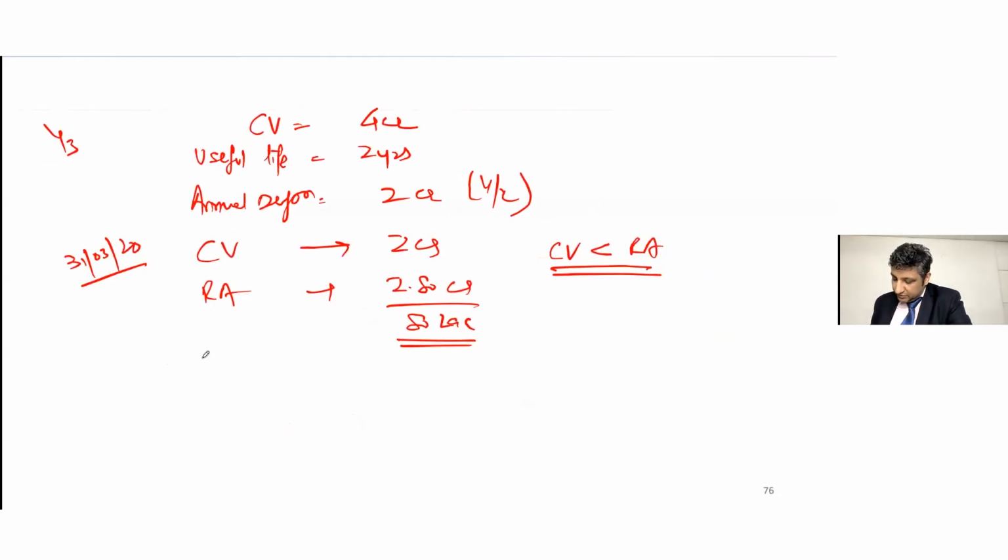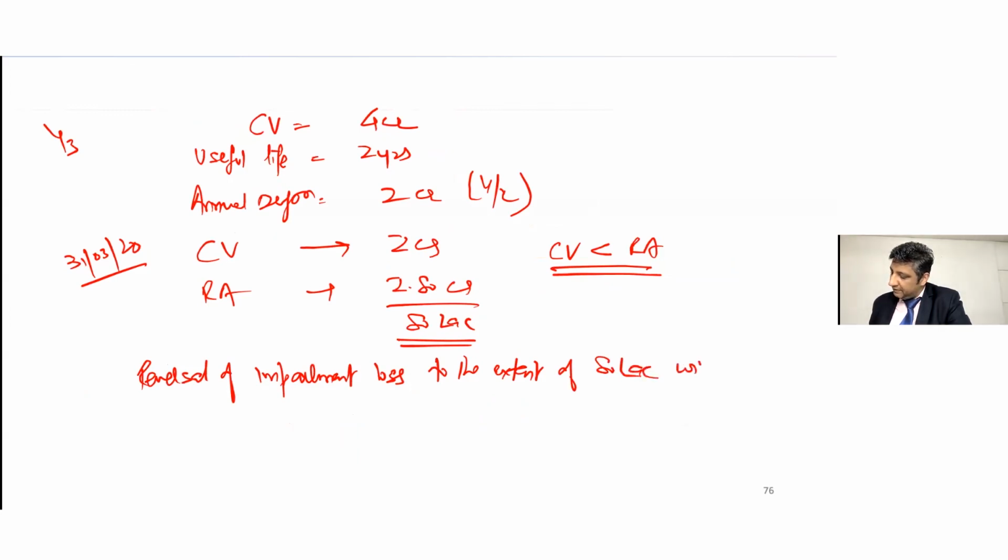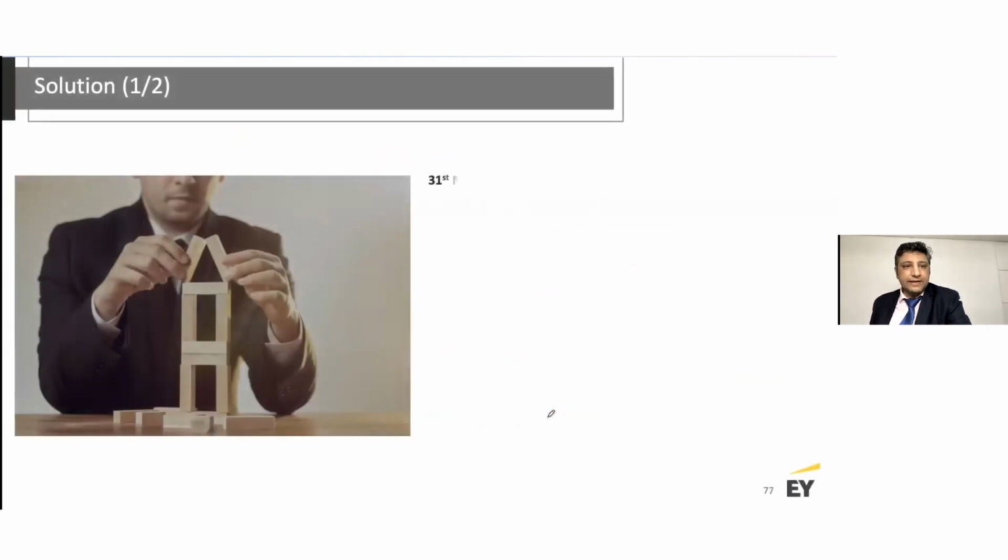In the year 3, yes, a reversal of impairment loss to the extent of 80 lakhs will be done, and the revised carrying value of the asset will be 2.8 crores. All right.